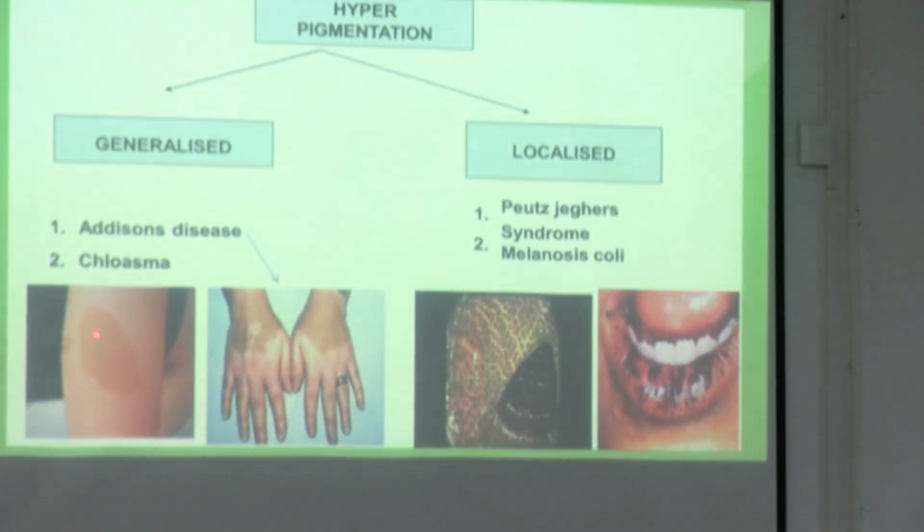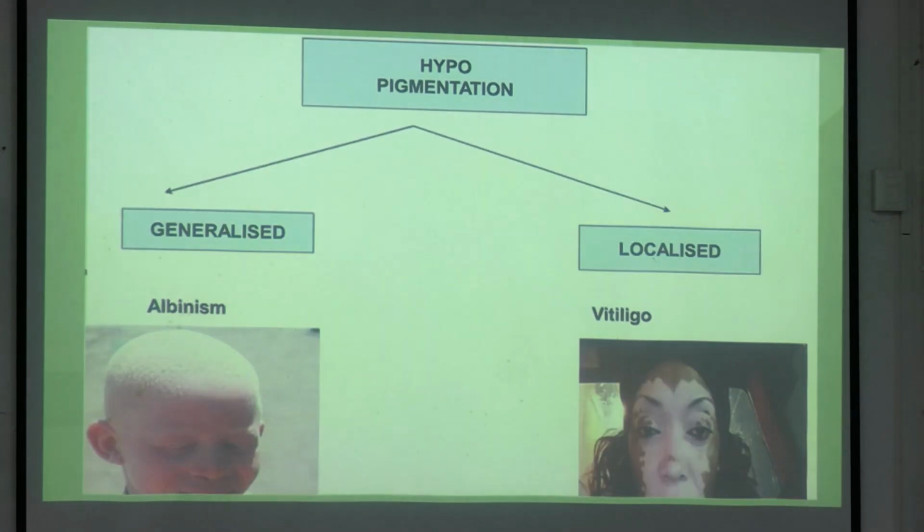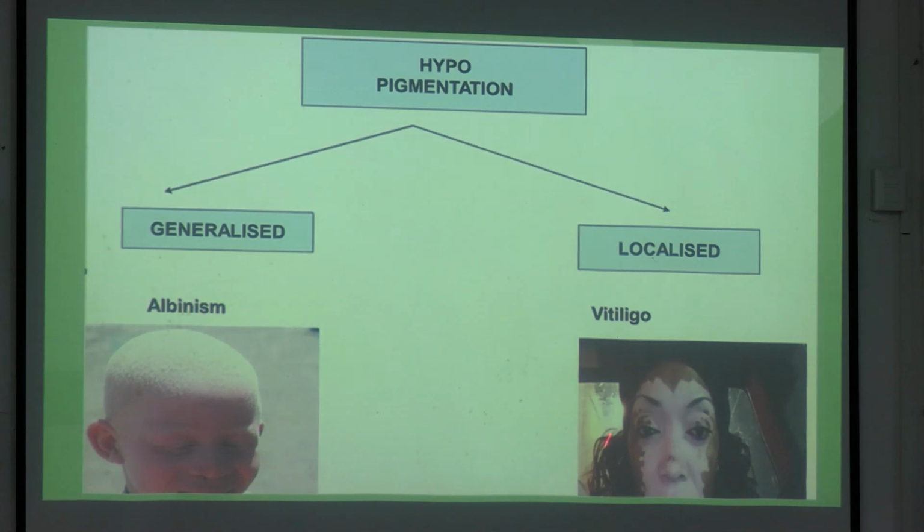Generalized is Addison's disease. The hyperpigmentation is due to overproduction of melanin. Now for hypopigmentation, albinism and vitiligo. Albinism is generalized or genetic, and localized, immunogenic etiopathogenesis, is called vitiligo.